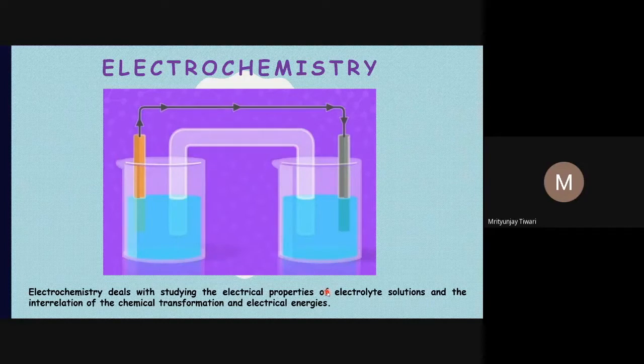We have read in thermodynamics that spontaneous processes are those for which free energy change, delta G, is negative. That means some energy is released which is free to do certain work, and that is how we get the magnitude in negative form.